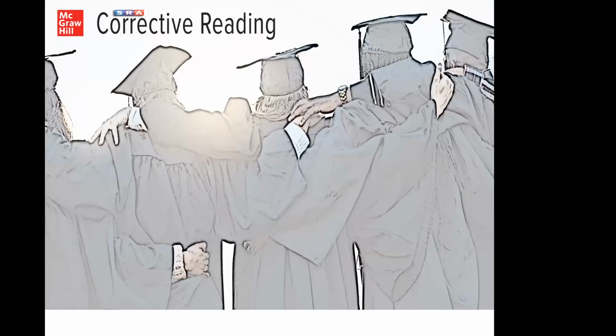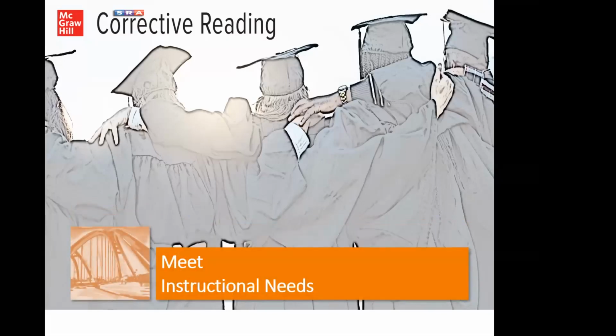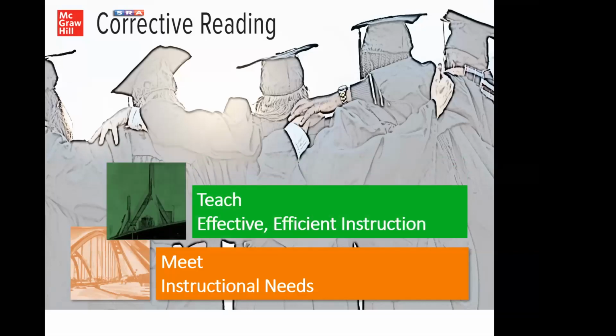So with Corrective Reading, we're going to meet the instructional needs of each of our students. We're going to do that by giving them a placement test and grouping them based on how they performed on that placement test, and then provide them with the skills and strategies that they need in order to be successful.